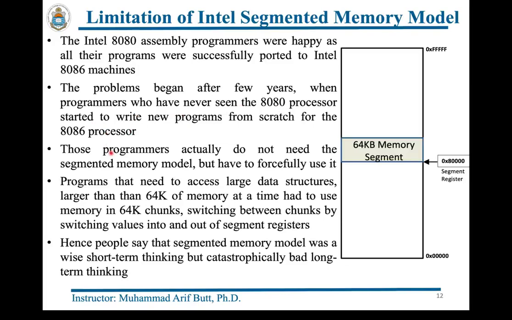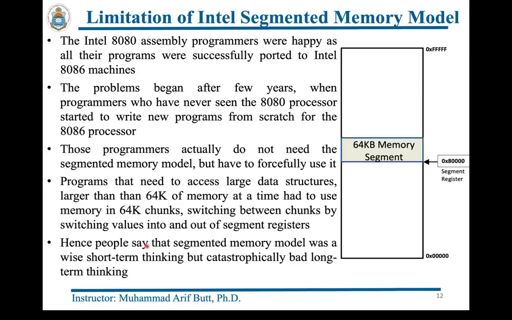These 8086 programmers actually do not need the segmented memory model, but have to forcefully use it. Programs that need to access large data structures larger than 64K of memory at a time had to use memory in chunks of 64K, and switch between chunks by switching values into and out of the segment registers, which was of course a tricky task at that time.